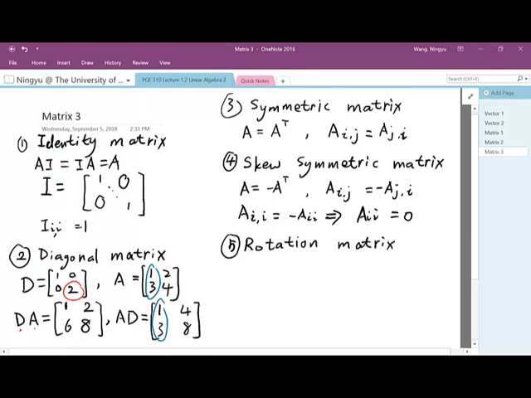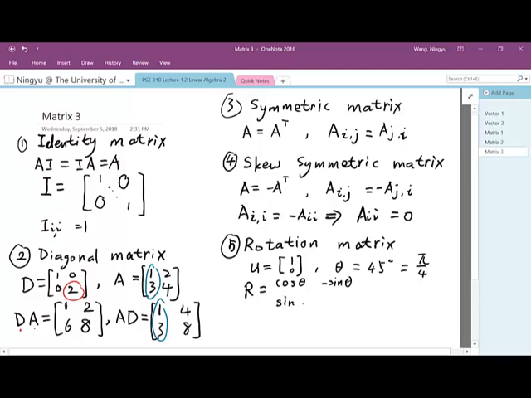Since we still have time, I just want to mention this. For example, if you have a vector u equals 1, 0, and theta equals, let's rotate it by an angle of 45 degrees. The rotation matrix will look like, oh, sorry, this is not a skew symmetric matrix, I'm sorry.